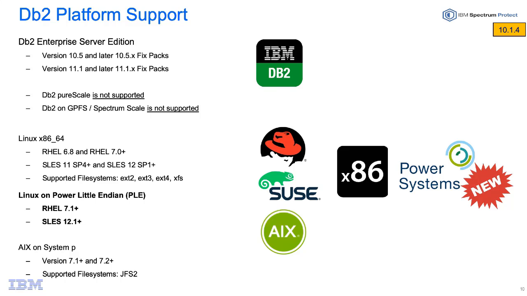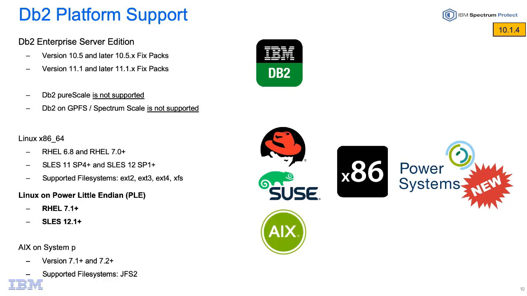Okay, so that's archive support for Spectrum Protect Plus. Now we'll move on to DB2 and some of the changes we're going to have in the DB2 support. We introduced DB2 application support in Spectrum Protect Plus a couple versions back. And one of the things that we did not support was Linux on the Power platform, and specifically Power Little Endian.